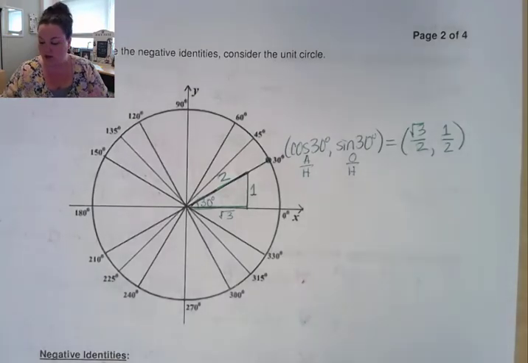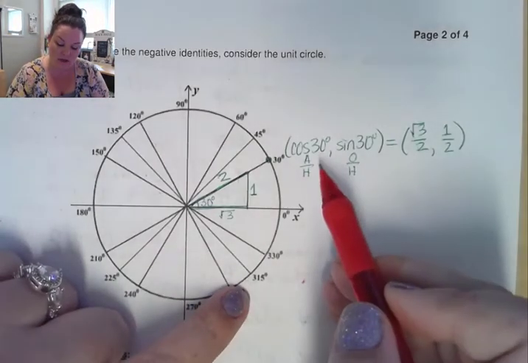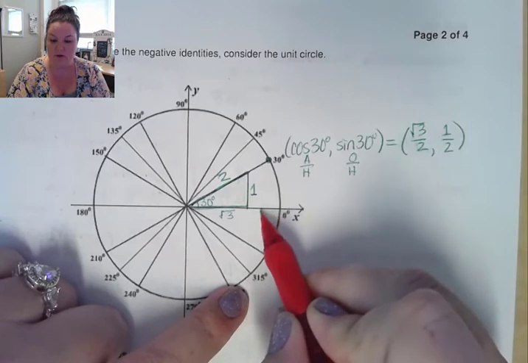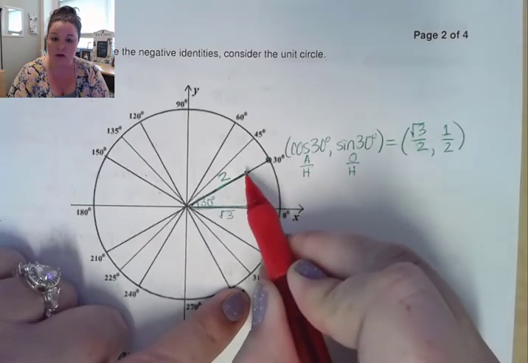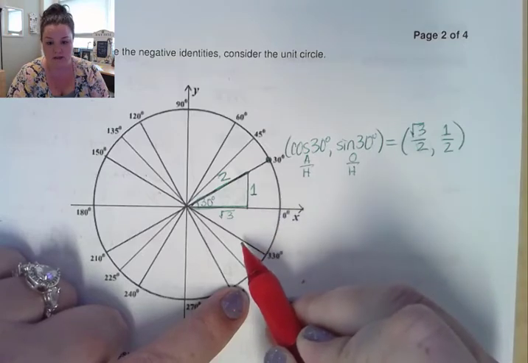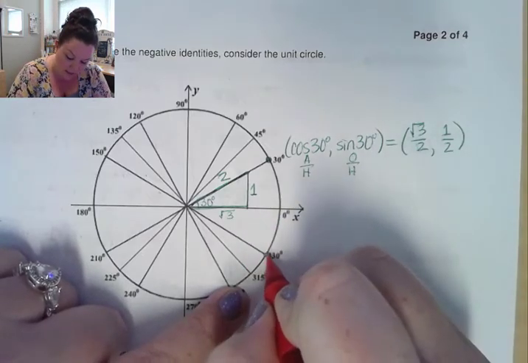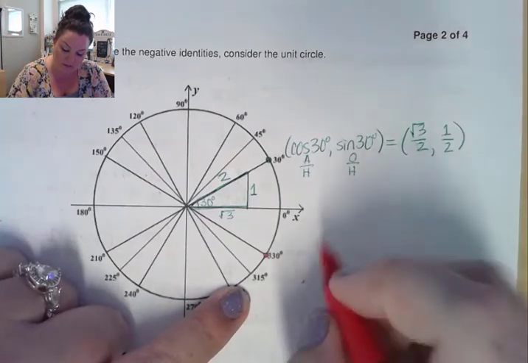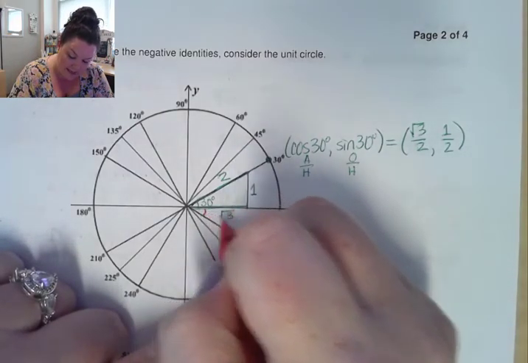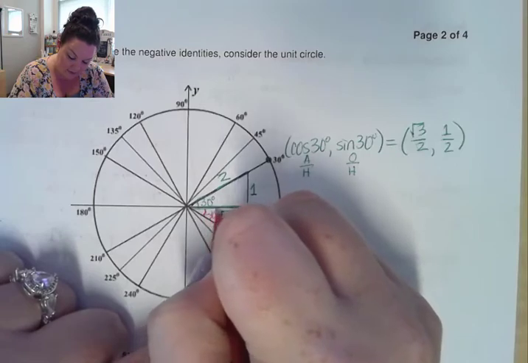What we're trying to look at is negative angles. So what I want to contrast this with is, what if we looked for sine and cosine of negative 30 degrees? Negative 30 degrees means instead of starting at 0 degrees and going counterclockwise, I would go clockwise 30 degrees, which would put me here. So I could write this angle right here as negative 30 degrees.